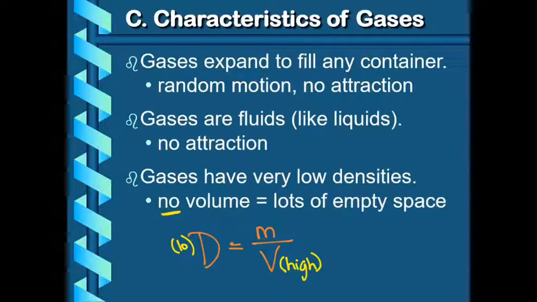It's just a lot of empty space that is not necessarily the gas that you're looking at. So if you can have a low mass, high volume, you will get a low density. Very commonly for your gases to have density that are much less than 1, because we think of water as having a density of 1. So your gases are going to be much lower than that.